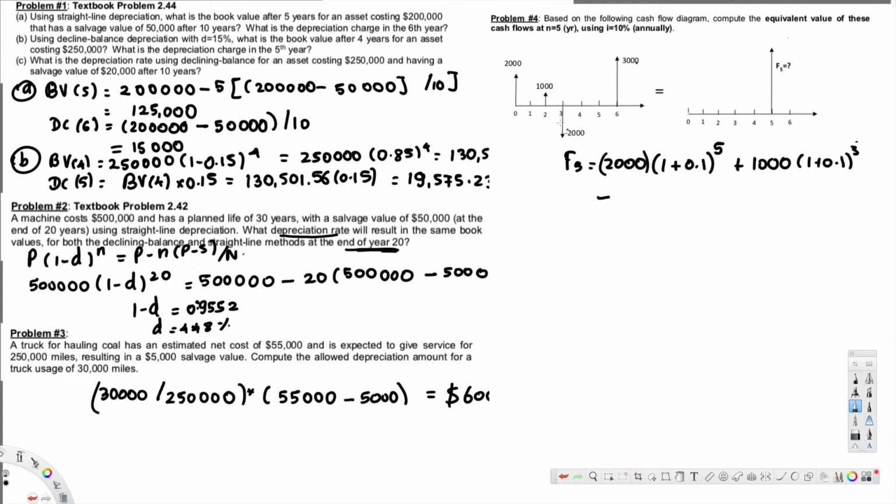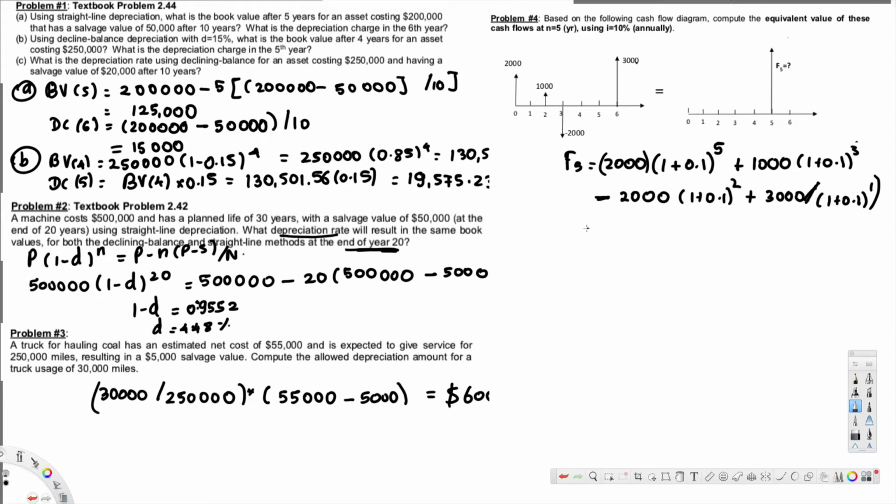The third one is downside, so negative 2000 times (1 + 0.1)^(5 minus 3), that's 2. Then the last one is upside, 3000, and that one is after 5, so we have to divide by (1 + 0.1)^(6 minus 5), that is 1. Okay, actually 5 minus 6, that's negative 1, that's why we divide. That's in the denominator.